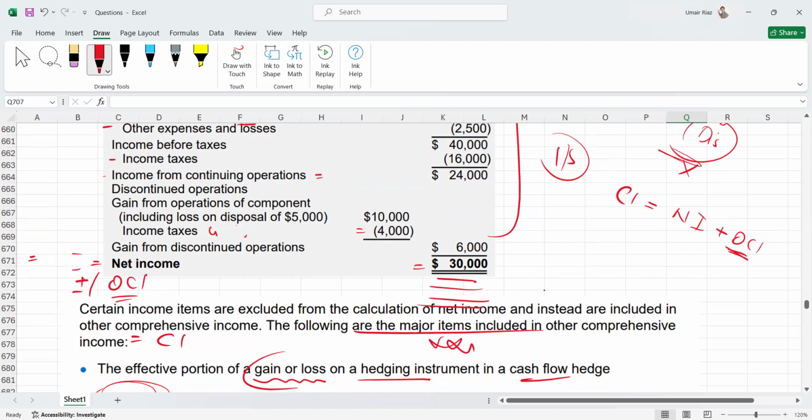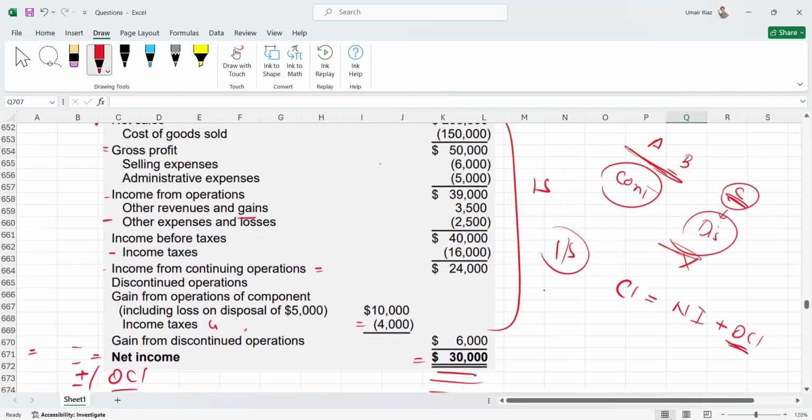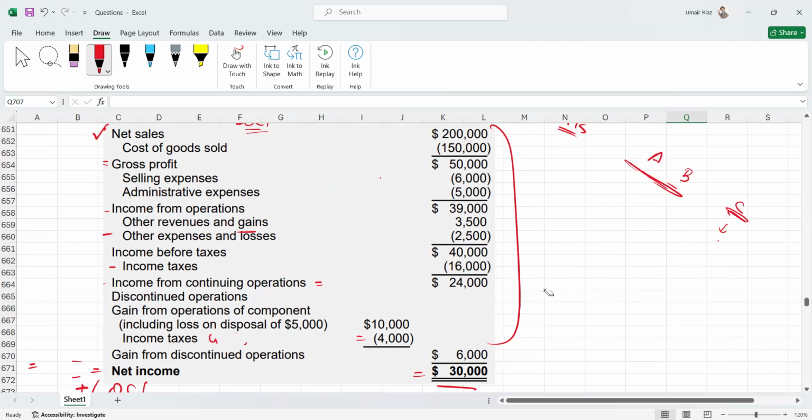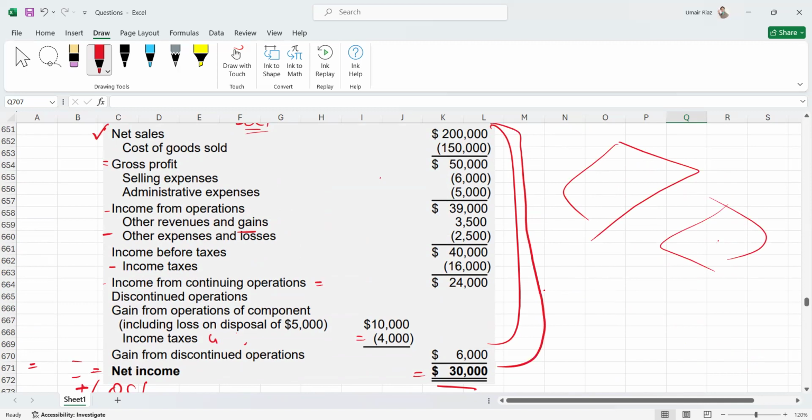What is two separate? Let's assume this is your income statement, and assume there are two pages. On the first page, for example, we will prepare this income statement only. And on the second page, because now we have two separate but consecutive, I'll write the first value as net income.